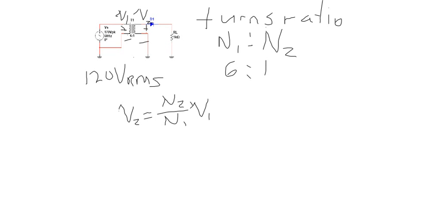If I use a peak voltage for V1, I'll get a peak voltage for V2. If I use an RMS voltage for V1, I'll get an RMS voltage for V2. But I want peak voltages here in this case.